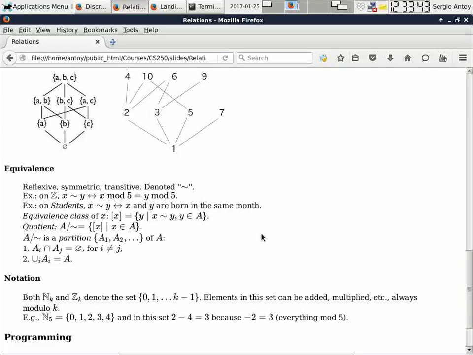So, if I paint it in red, let me see if I have a red pen. You understand where I'm going, right? If you have two equal things and you massage them in the same way, they remain equal. It's not that one changes, right? So now I paint it in red and they remain equal, right?